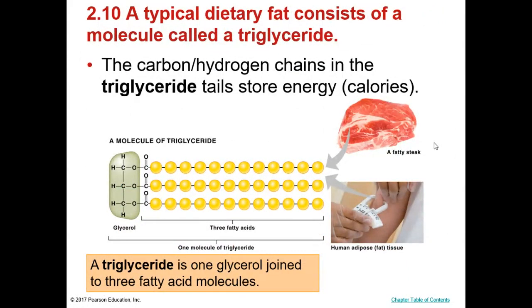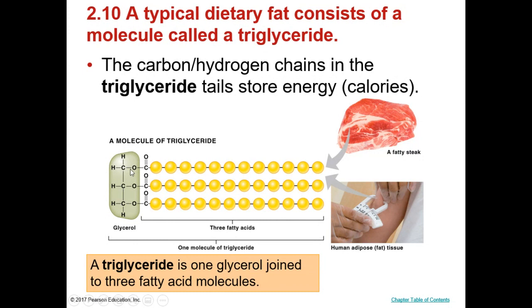Okay, so now lipids are actually made up of these molecules called triglycerides. At the molecular level, they're carbon hydrogen chains. So we're looking at a triglyceride right here. This part of the molecule is called glycerol.